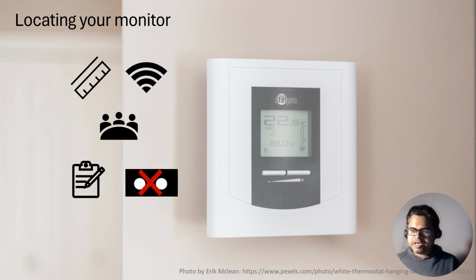Do not block the air inlets of the monitor. Typically these would be at the sides, the bottom or the top, so make sure that those are free for the air to pass through, and make notes of when you are putting it there and when the measurements are being made.